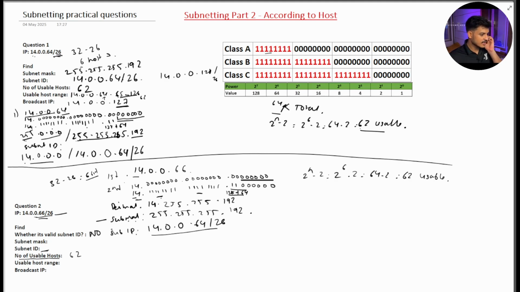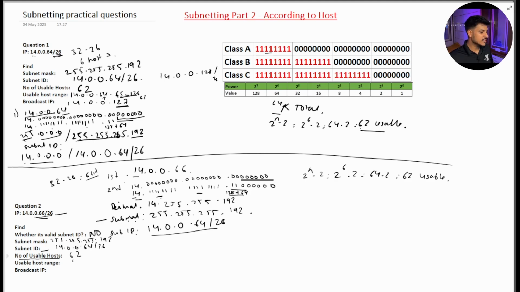Okay, let me write this subnet ID also, which is 14.0.0.64/26. Subnet mask was 255.255.255.192. Sorry for my handwriting, but it is like that only.